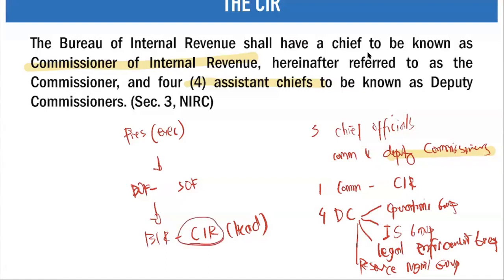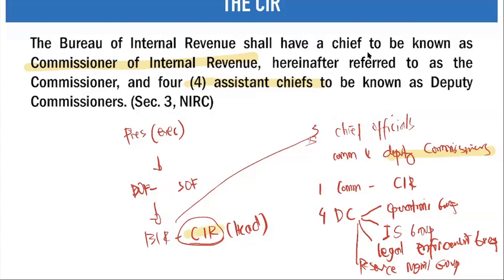The BIR has a head which is known as your CIR, but actually BIR has five chief officials. The four chief officials are lesser than the commissioner because they are only deputized commissioners of a particular group. But again, if we talk about the head of the BIR, your answer should be the CIR.